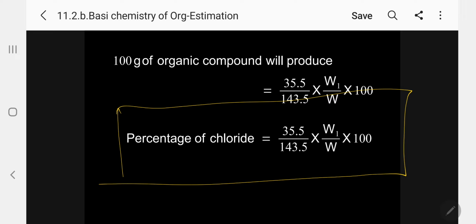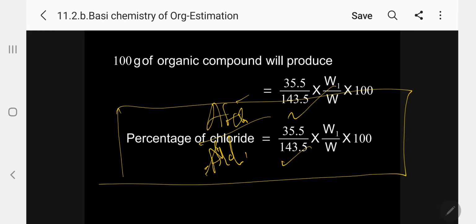Please follow, my dear student. 35.5 divided by 143.5: the atomic weight of chlorine divided by the molecular weight of silver chloride.